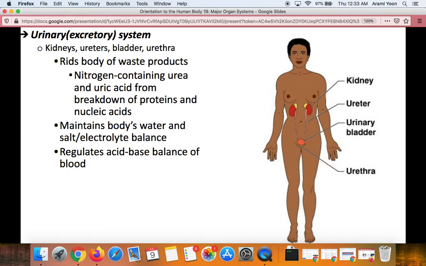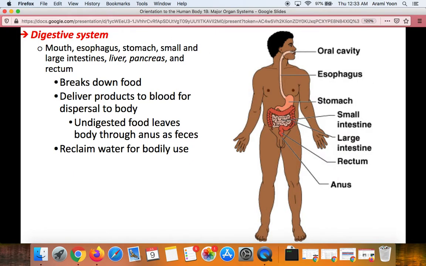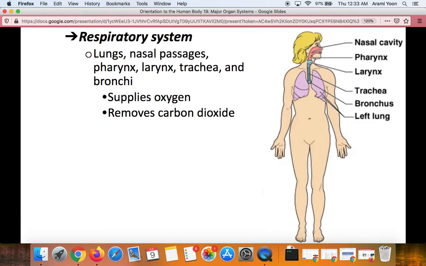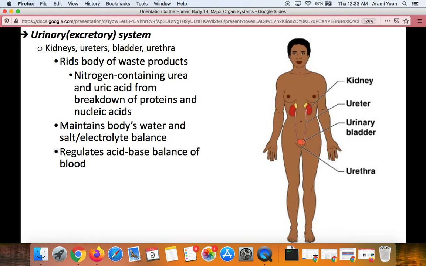That is called the excretory system, which is primarily the kidneys and the bladder. So for that reason, it can also be called the urinary system. But the excretory system also oftentimes can include, depending on how people classify it, parts of the digestive system, like the colon, also known as the large intestine, and it can include parts of the respiratory system, or just the respiratory system, because your lungs are going to excrete carbon dioxide.